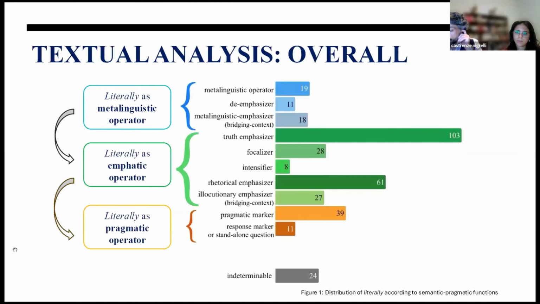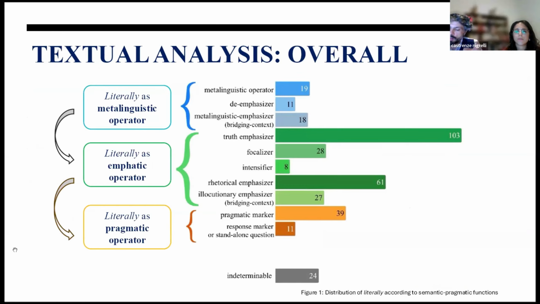Now, moving on to the textual analysis, the data confirms the great functional versatility of literally compared to previous studies. In our dataset, literally shows a more nuanced and wider range of functional layers. As shown by figure 1, literally serves 10 distinct functions, which can be grouped into 3 functional macro categories, following a trajectory of increasing intersubjectification.